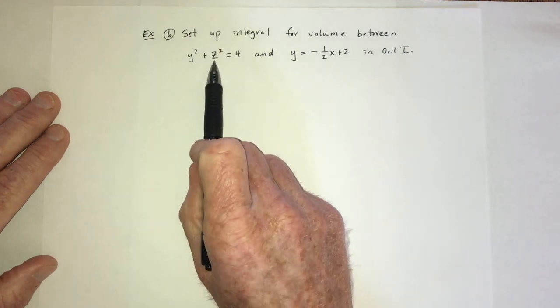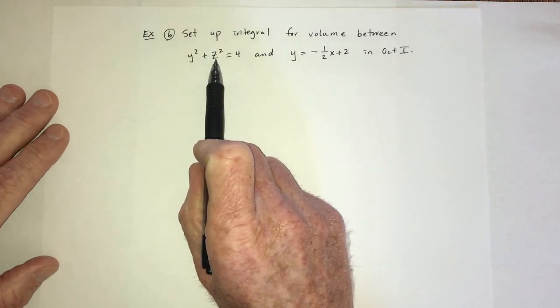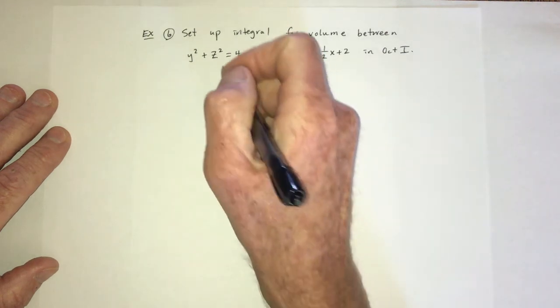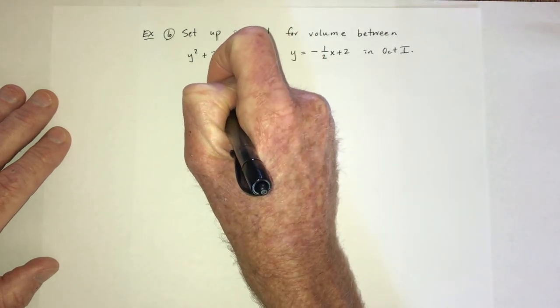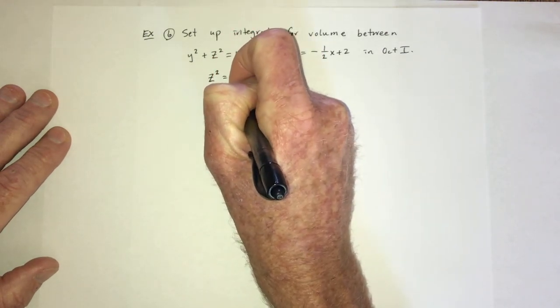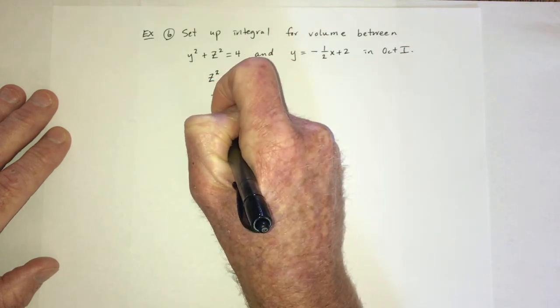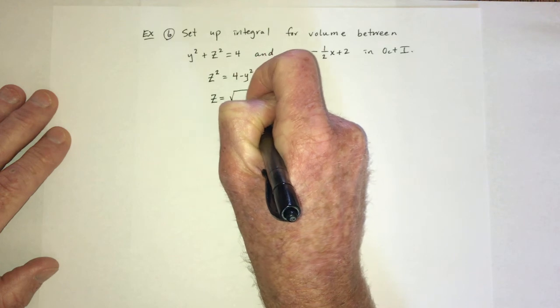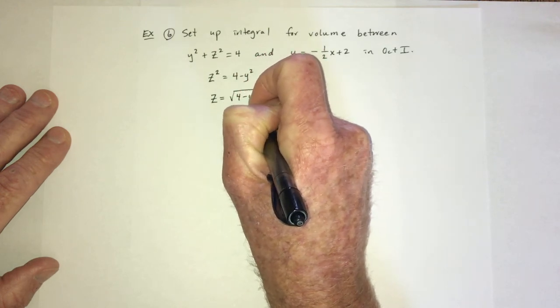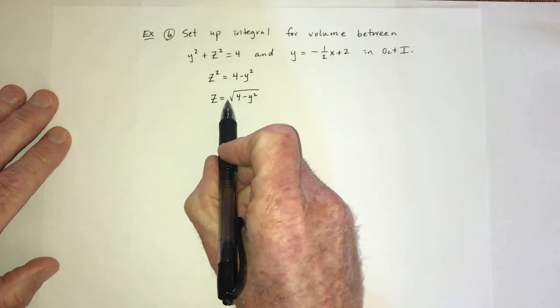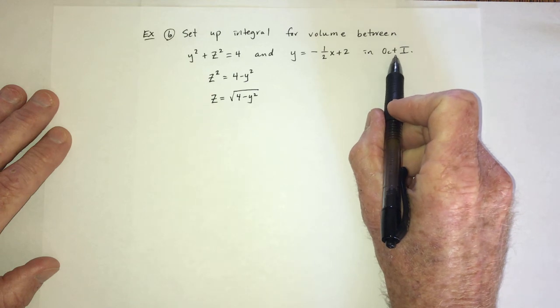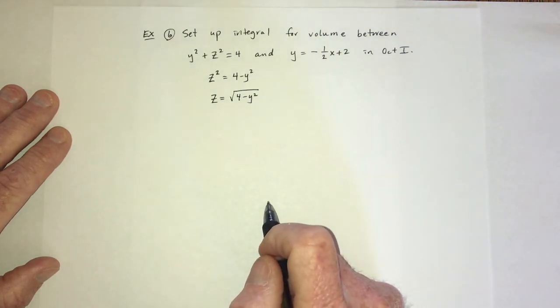So this is the function that we're actually going to be integrating. The only problem is it hasn't been solved for z. So the first thing is solve for z. First, subtract y squared from both sides, and then take the square root. Usually you have to put plus and minus, but because of this, we only need the positive square root.